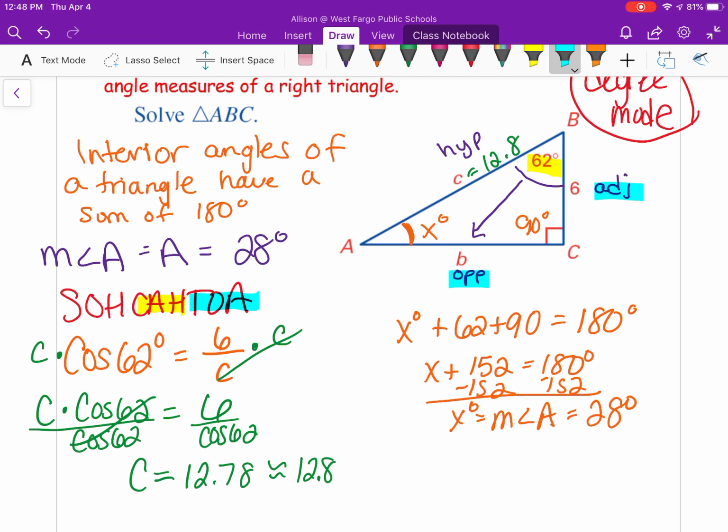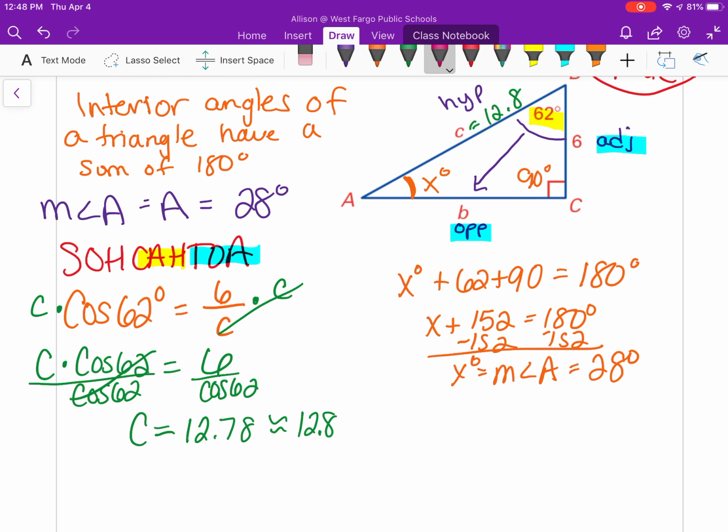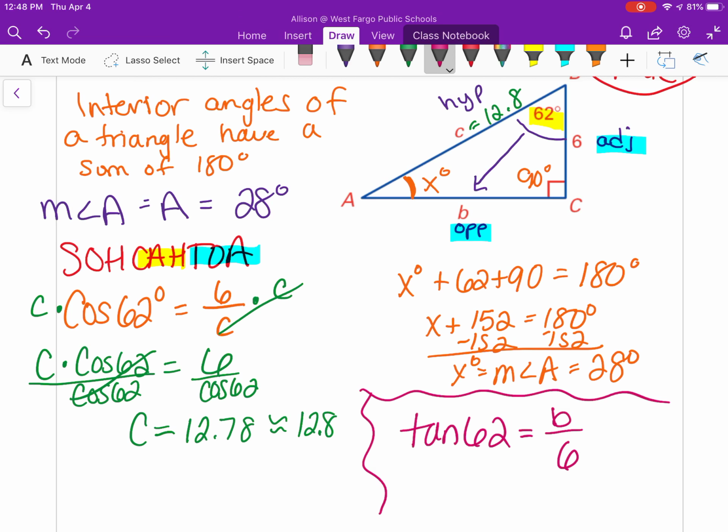Well, that's tangent. So I'm going to use tangent to solve for the opposite side. I could set up an equation: the tangent of 62 degrees, because that's my theta, is equal to the opposite side, B, over the adjacent side, which is 6. And now I can solve that for B.